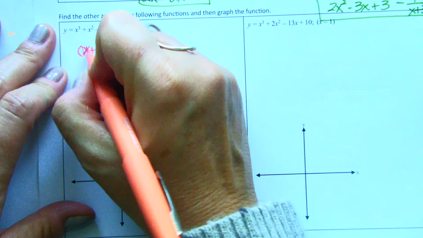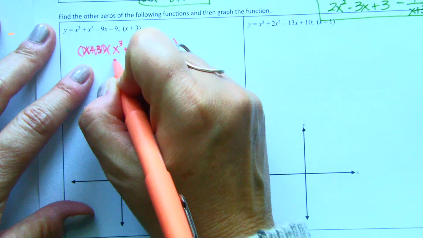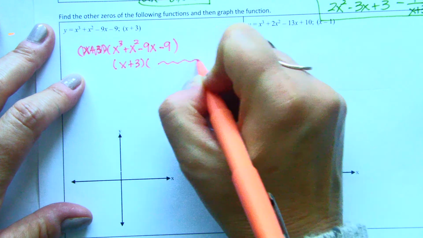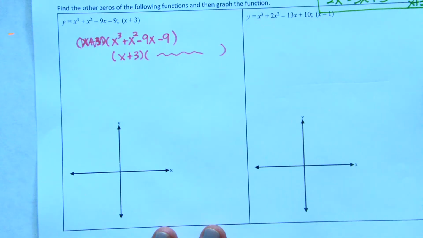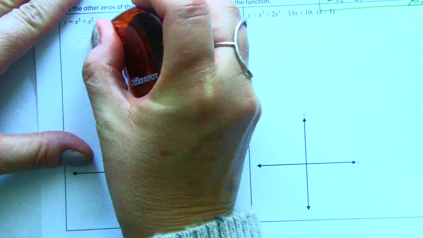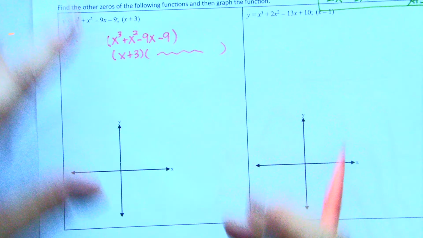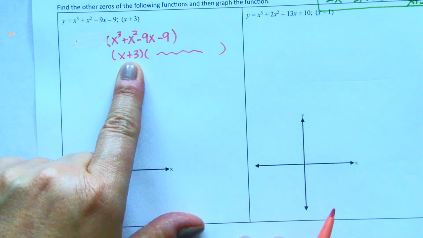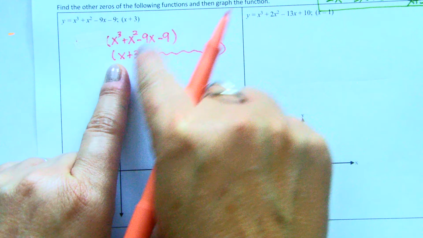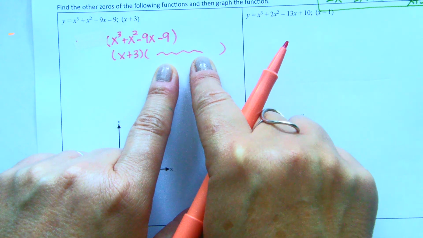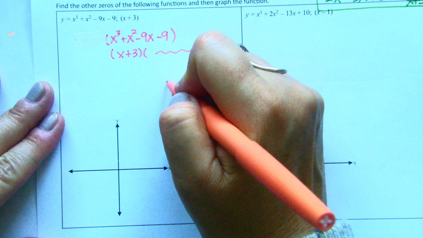This right here is going to be factored into x plus 3 and then something else. And I don't know what that something else is. So the way I'm going to fix that so that I can get it into factored form, which is what we have been doing. So this is not in factored form. It gives you one of the factors. And then when you divide this by that, it gives you the remaining portion here that you can then factor. Then it's exactly like what we've been doing.